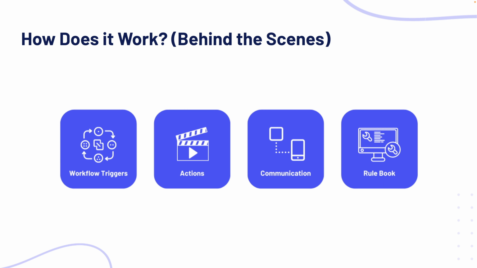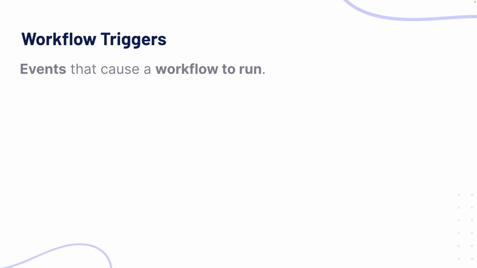And the first one is workflow triggers. Workflow triggers are nothing but events that cause a workflow to run. So something has to happen for the workflow to start. It's not going to start on its own. There's some event that notifies the workflow that, hey, it's time to go. So in our examples, if you go all the way back, the first example was an after hours event being created.